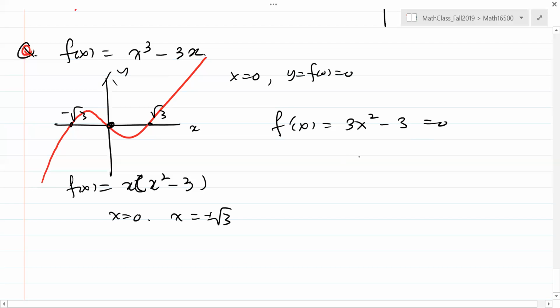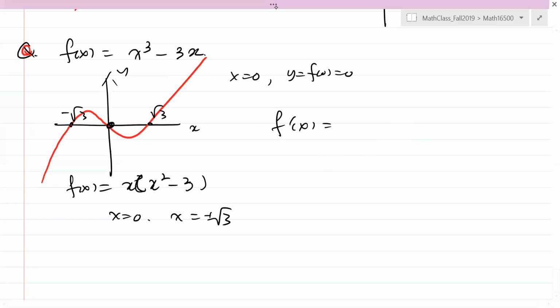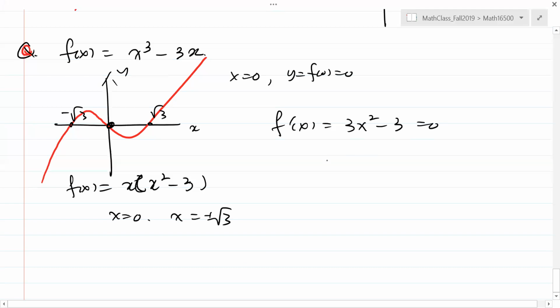Sorry, that's already the derivative. Yes, this is the derivative. So 3x squared minus 3 equals 0. So x squared equals 1, x equals plus minus 1. Those are the two critical numbers.